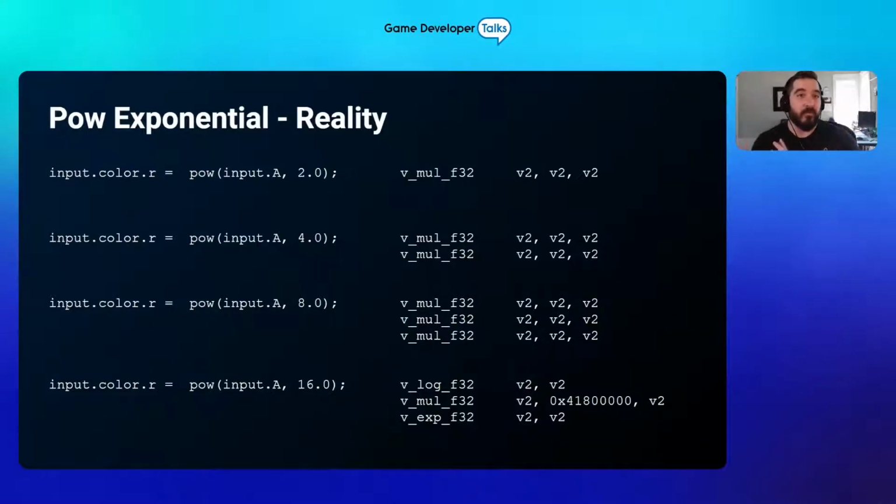And this works for every exponent. You can very quickly calculate the power operation using these 3 instructions, these 3 bytecode operations, in a fixed number of cycles, as opposed to having to do a bunch of recursive multiplication, which I think is really clever.